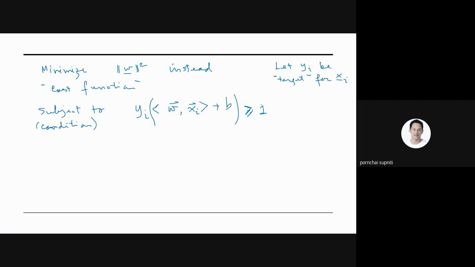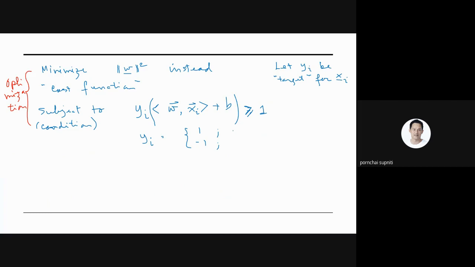So this is the optimization to find W, to find the weight. And here, yi is equal to 1 or -1 depending on what class we are looking at.